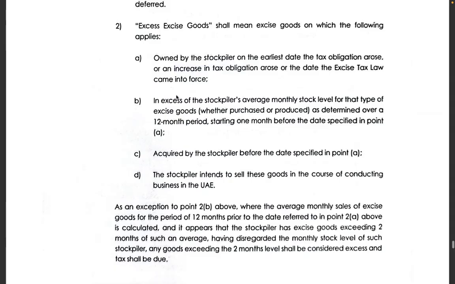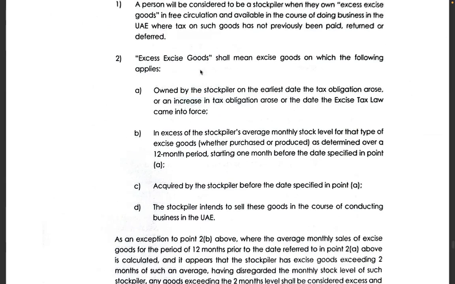So this is the date on which the obligation arose. But in B, there is another date, 1 month before this date. Both of these dates give rise to tax obligations which are applicable to excess excise goods.